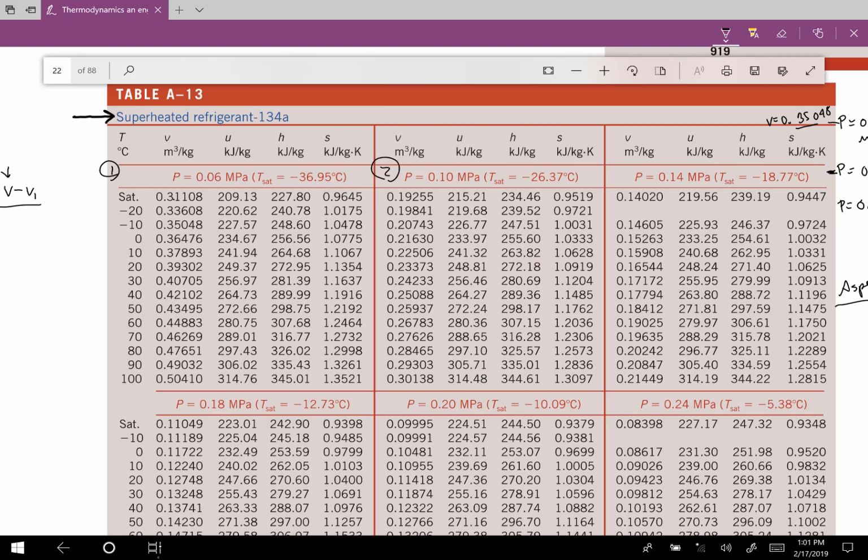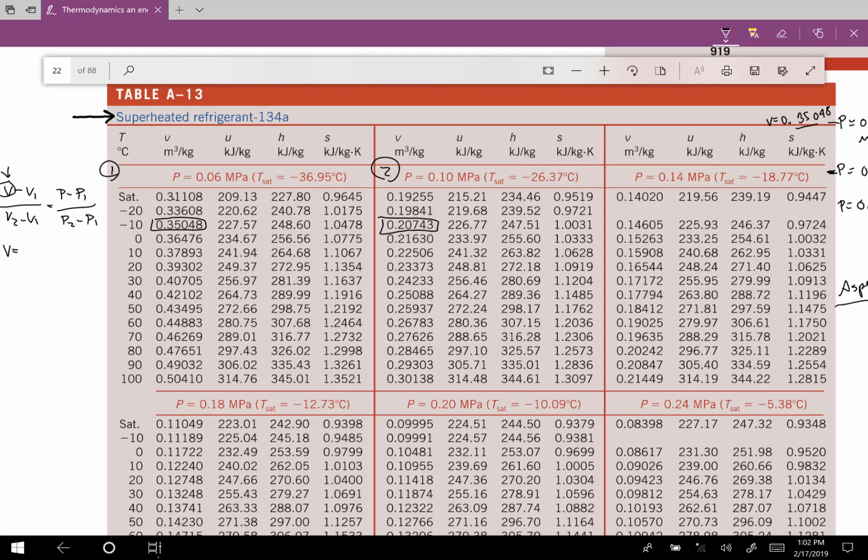So the specific volume from this table, and our temperature is negative 10 degrees Celsius, so we're looking at that line. And then this is V2 minus V1 is equal to P, and we know what our pressure is, minus P1 over P2 minus P1. So then we can solve this equation for the specific volume because that's what we want.